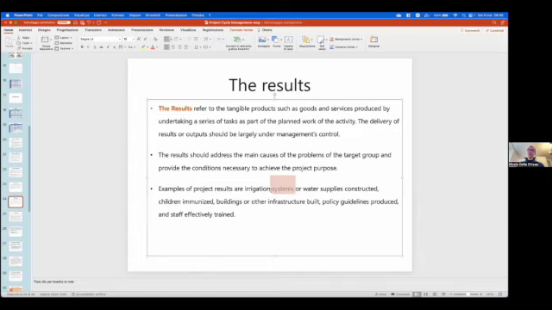But the irrigation system is the direct product of a series of activities, which can be the design of the system, the digging of the well, the installation of the pumps, and all the technical elements of the irrigation system. So those are the activities that lead to this concrete and tangible result.